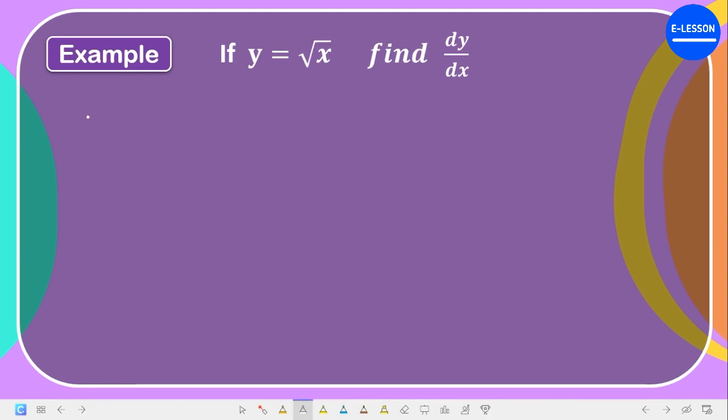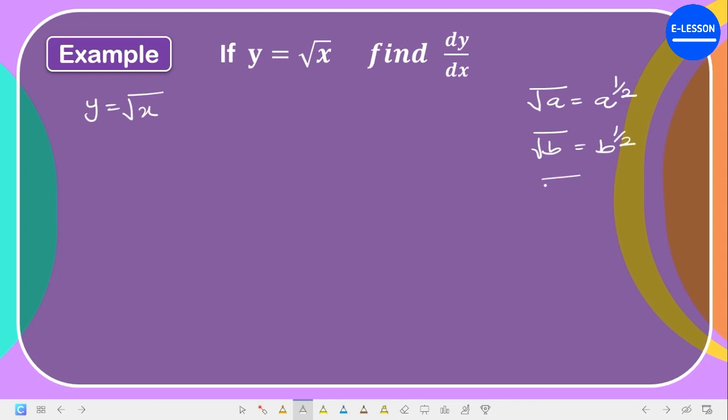Now the next example says y is equal to root x. The first thing to do is to make this root x be in the form of an index. Whenever you have the square root of anything, let's say a, this is equal to a raised to the power of half. If you have the square root of b, this is equal to b raised to the power of half.